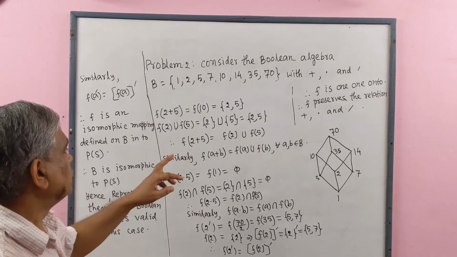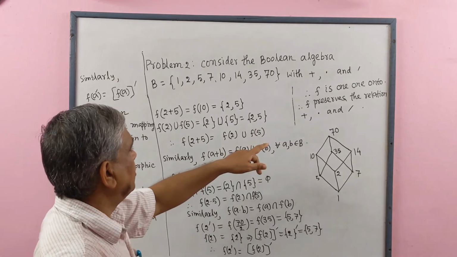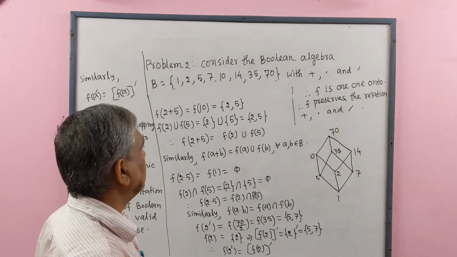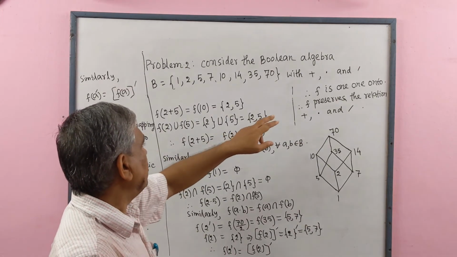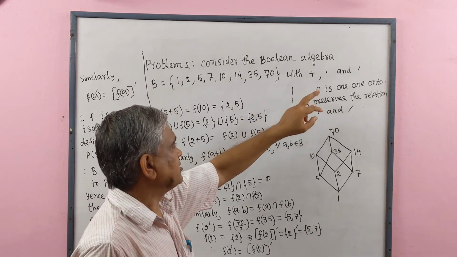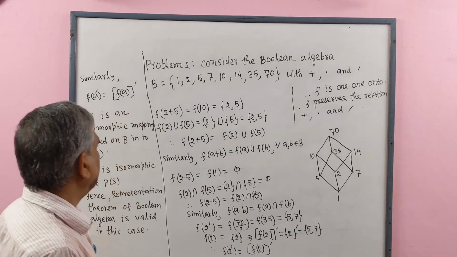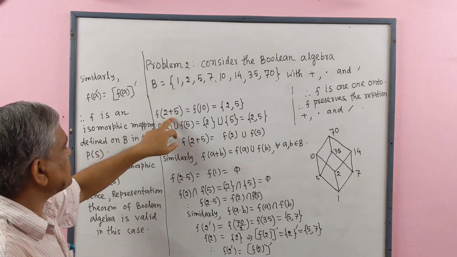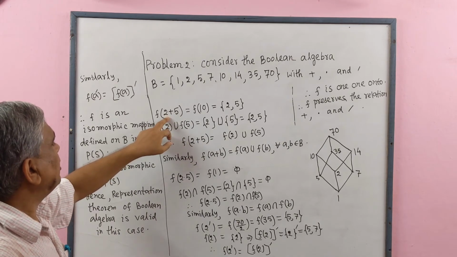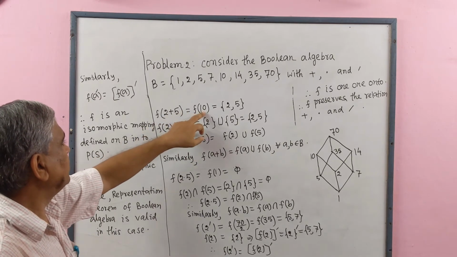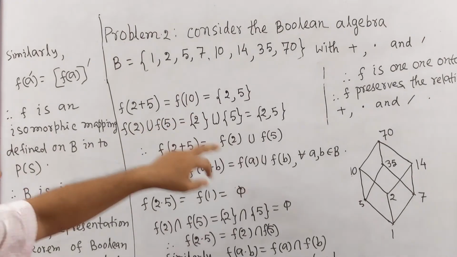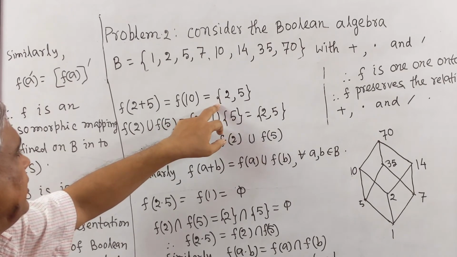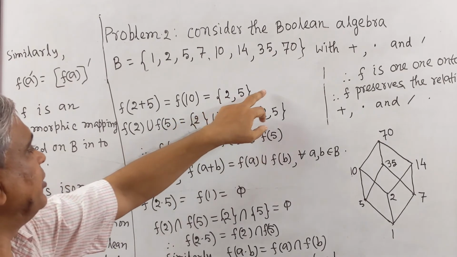We may show the plus, dot and complement in case of this function F. Since F of 2 plus 5, where plus means LCM. LCM of 2 and 5 is 10, and we have seen that F10 equal to a set containing elements 2 and 5 in PS.